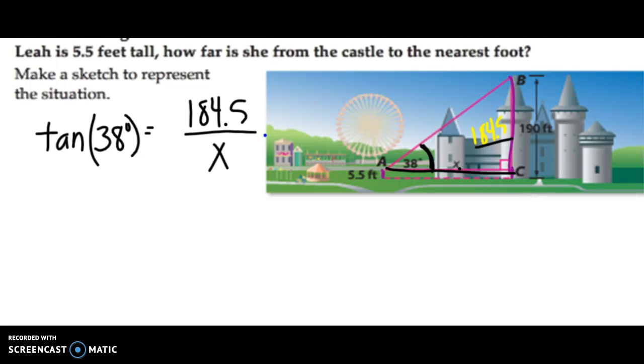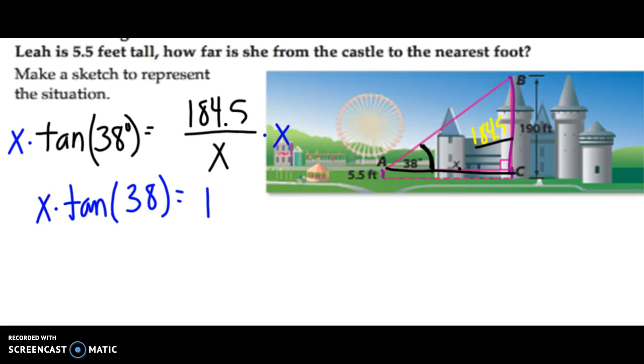Now, these were the tricky ones to solve. We had to multiply both sides by x first. And so we got x times the tangent of 38 degrees is equal to 184.5. Now, divide both sides by the tangent of 38 degrees.